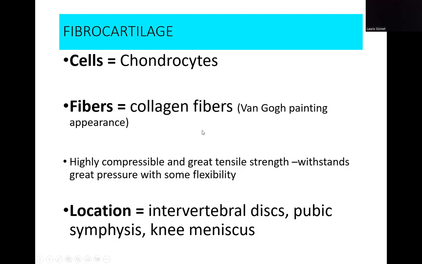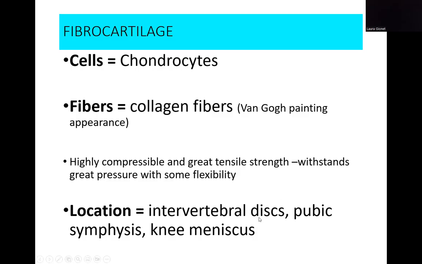They are highly compressible, and thus they have great tensile strength, which means they withstand great pressure with some flexibility. So they help withstand being compressed, crushed, crunched. So they are going to be found in areas where you have a lot of axial compression, a lot of weight loading and compression at that joint area.